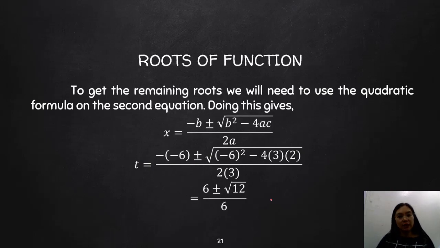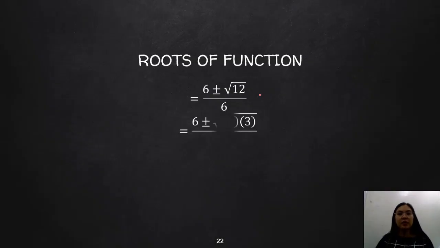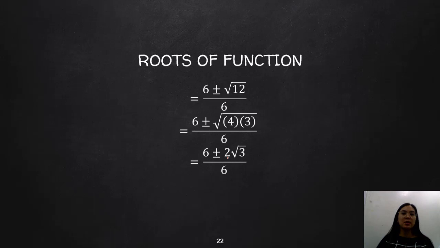And then simplifying it further will give you this. Tapos i-simplify pa natin. Okay? So from there, you will have 6 plus or minus square root of, kasi ito pwede natin siyang gawing 4 multiplied by 3, di ba? All over 6. And then, you get the square root of 4, kaya lumabas si 2. So, you have 6 plus or minus 2 square root of 3 all over 6.